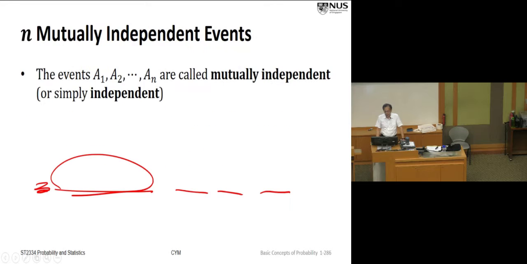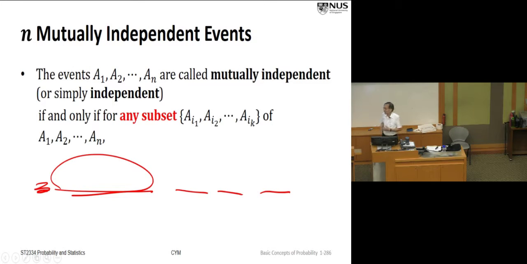But usually we would like to have mutually independent events. That means all n of them are mutually independent, which is a much stronger condition. In this case, it means that for any subset, any two of them are independent, any three of them are independent, any four of them are independent, and so on until all are considered independent.